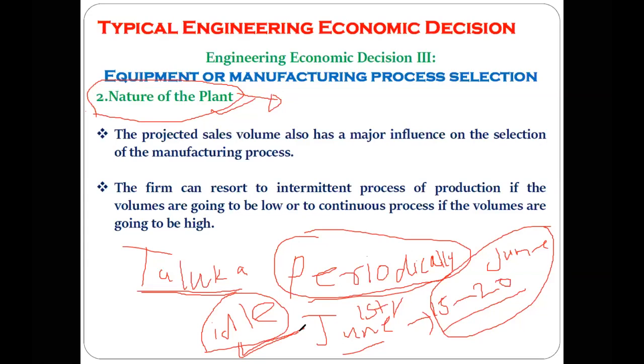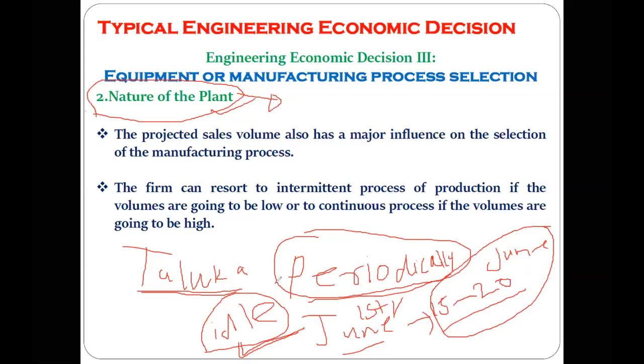But if there is no work for the machineries, a lot of things can happen: they can rust, and various kinds of rusting can happen. Understood? So maintenance can increase. So when you are choosing the equipment for your company, you have to think about whether there will be continuous work in your company or not. Based on that, you have to choose the machine.